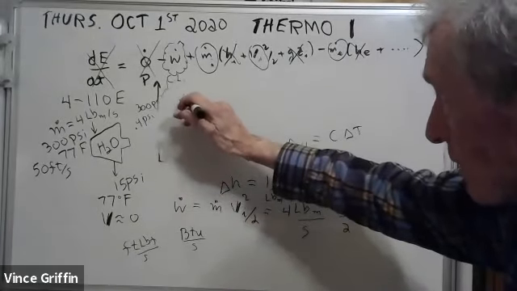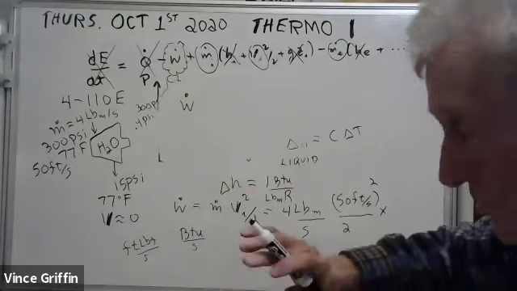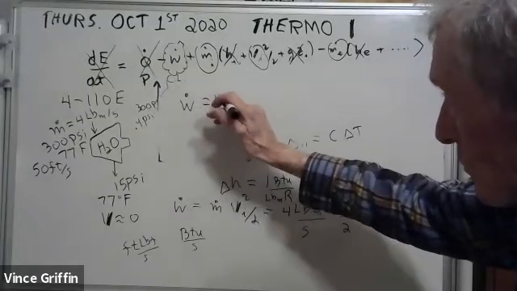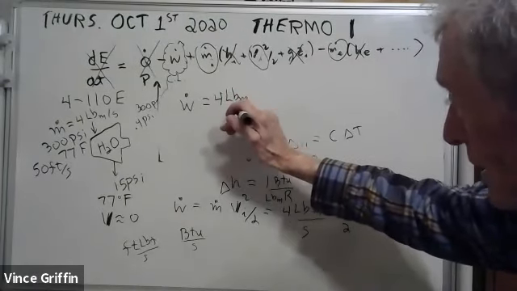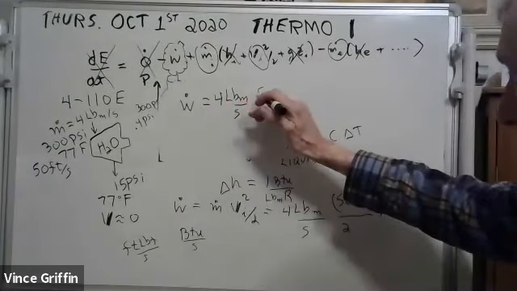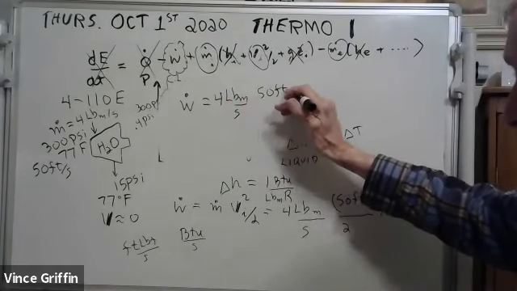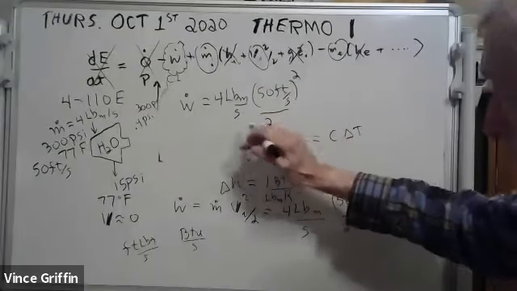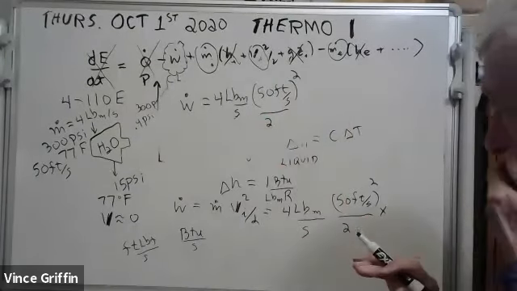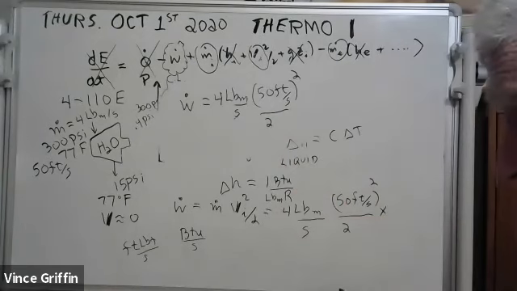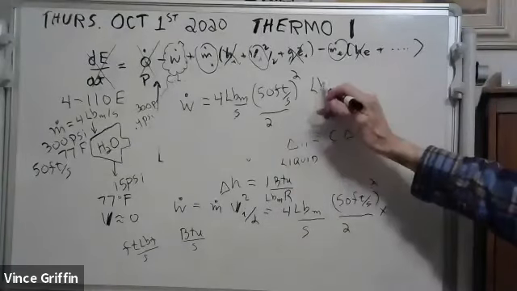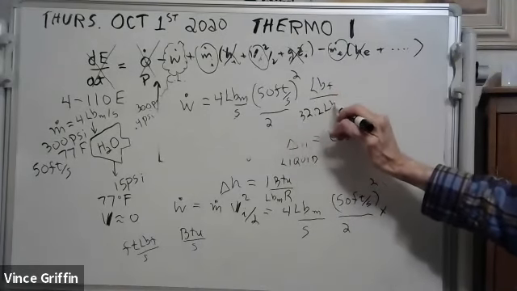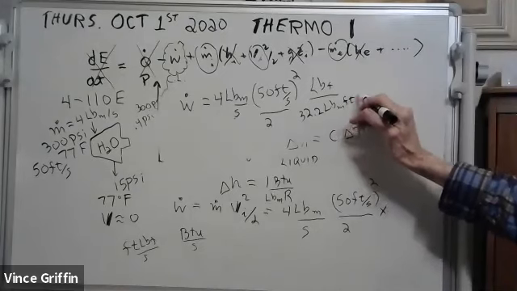We're trying to find the power of this water turbine. And what we've got so far is 4 pound mass per second times 50 feet per second squared over 2. Hope you can read my writing. Now what we're going to do is, a pound force is equal to 32.2 pound mass feet per second squared.